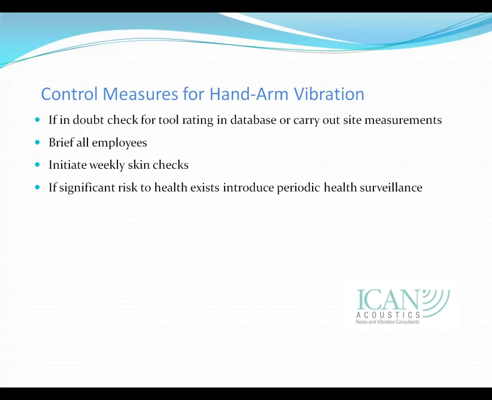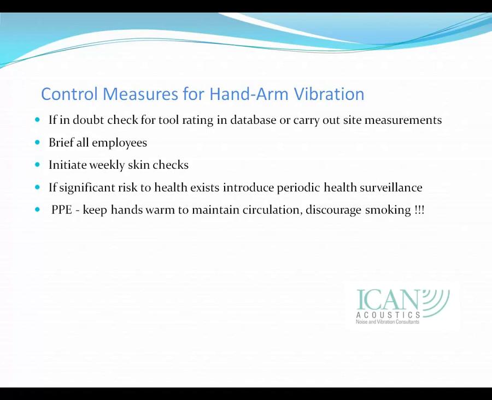That is a detailed, we'll say, control measure. And again, as with any sort of health risks, it does recommend that you would introduce periodic health surveillance checks as well. One thing that is important when people are using vibrating equipment would be to keep the hands warm and to maintain circulation.